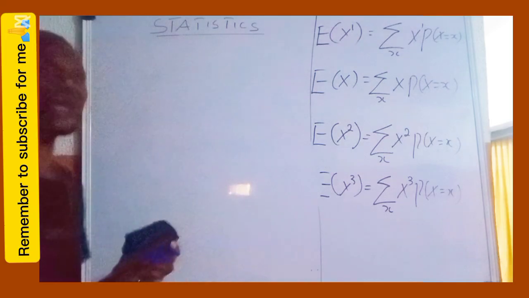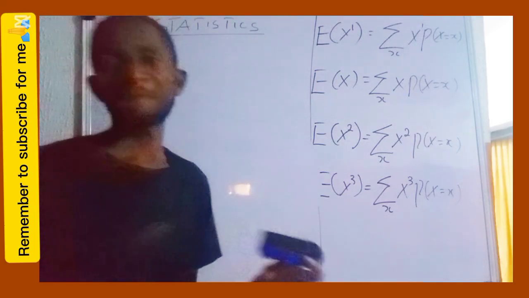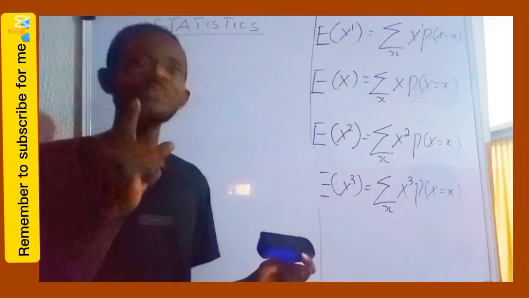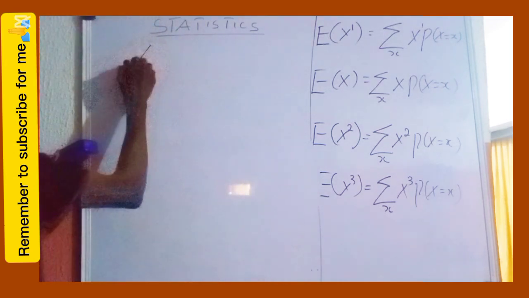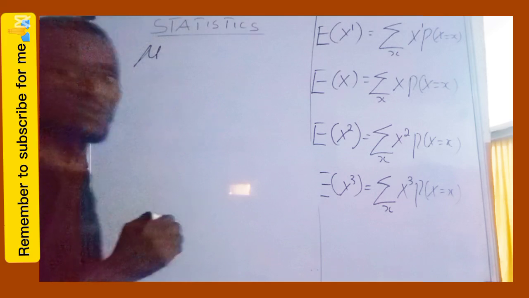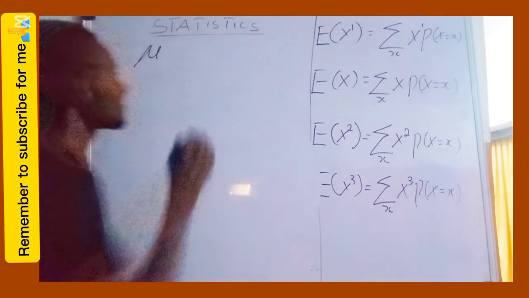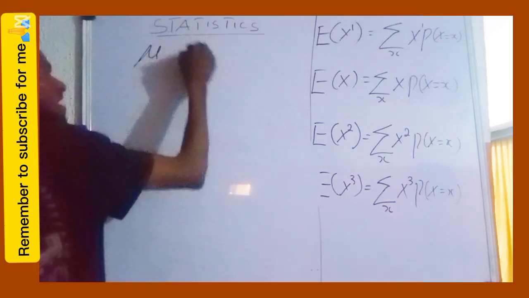Of course, you know that conventionally, the population mean of any random variable is always denoted with the letter mu. We call it mu. While the sample mean is denoted with the letter X bar.